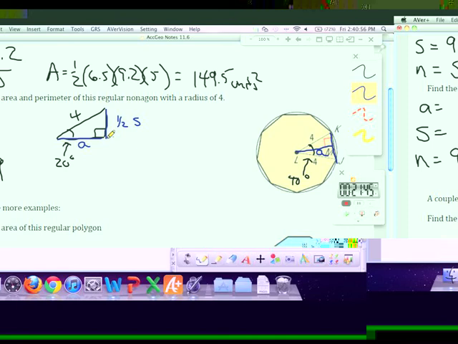So 4 times sine of 20, what's 4 times sine of 20? Then we can calculate that. So 4 sines of 20 is 1.36. Double it is the side length. It's 2.73.